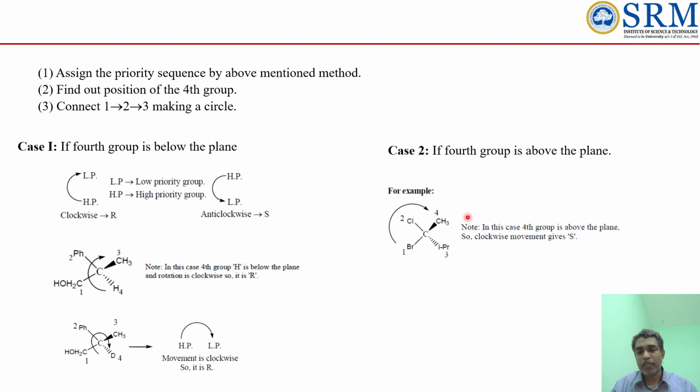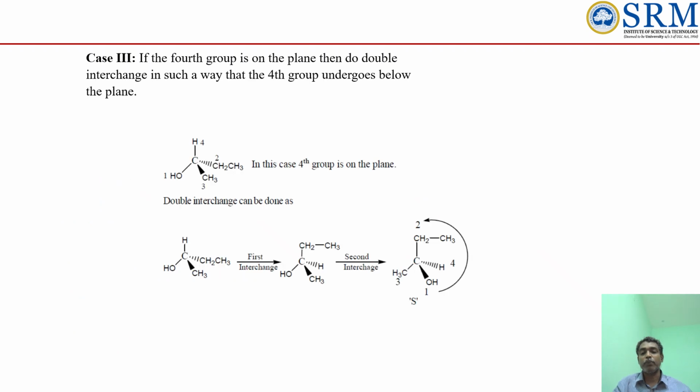That is 1, 2, 3, that is clockwise. But since the fourth substituent is towards me, you just have to reverse it. So that should be S. So in this case, whatever we got, clockwise means R, anti-clockwise means S. Whereas in this case too, if it is clockwise, it should be R, but because your fourth substituent is towards me, it should be reversed, like S, the opposite one. So this is how the general assignment goes.